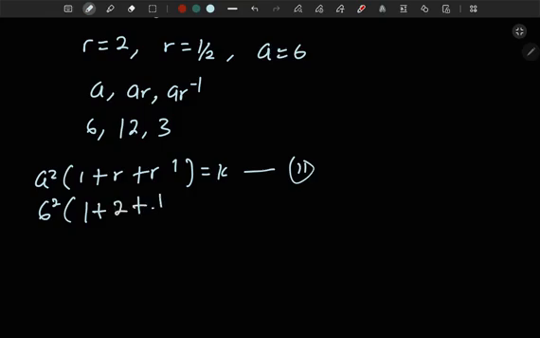So this is 2 plus 1/2, then equals k. Finally, you obtain k to be 126, if you do your calculation very well, and that is the end of the solution. Okay, thank you.